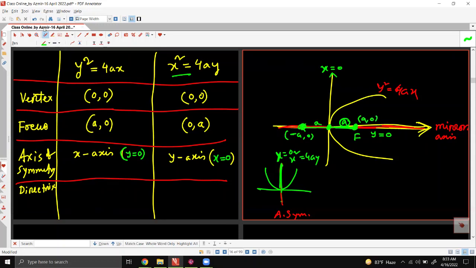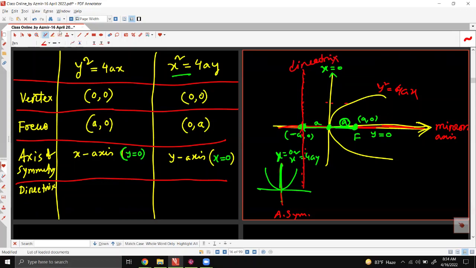Along this point, we can think of a vertical line. The distance from any point P to this vertical line and the distance from P to the focus will be the same. So this is the definition of a parabola. This line is known as the directrix.